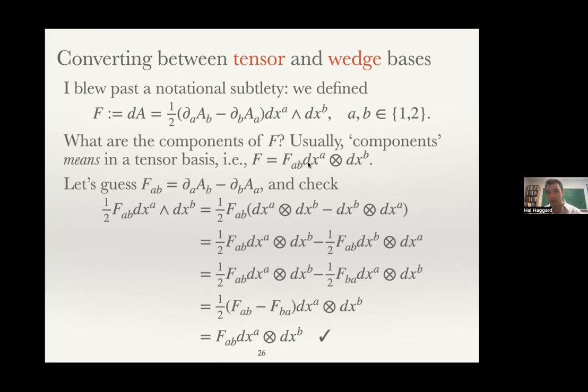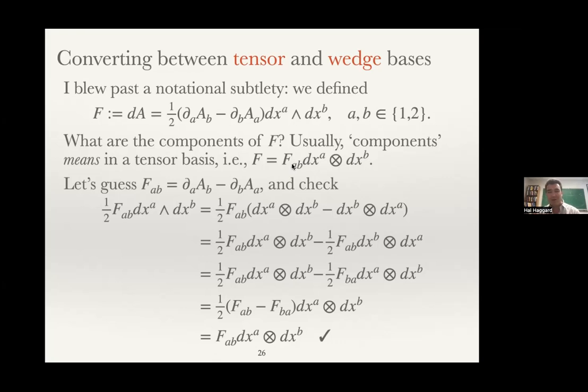But the basis part, the thing that describes what F is, is dx^a tensor dx^b, unlike the wedge. This is not the wedge. So what are these components, F_ab? We want to actually use them and compute with them. I'm going to just guess and show you a calculation that proves my guess.